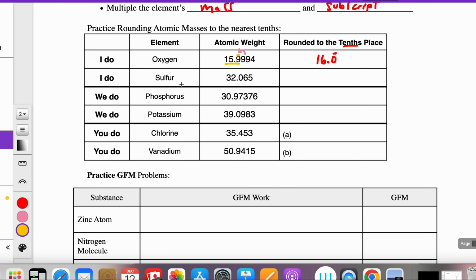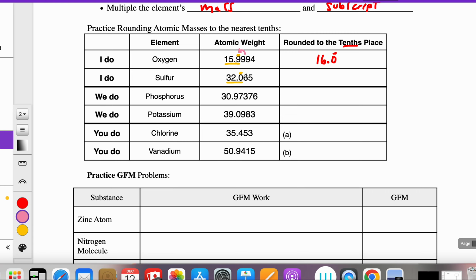So looking at the next example, sulfur, atomic mass on the periodic table is 32.065. We need to keep the digits left to right down to the tenths place, so the 3, the 2, and the 0. So our most right sig fig is in the tenths, and we take a look at the digit that's in the hundredths.